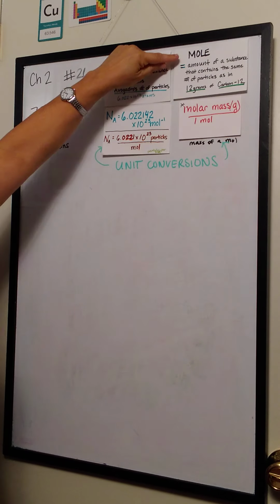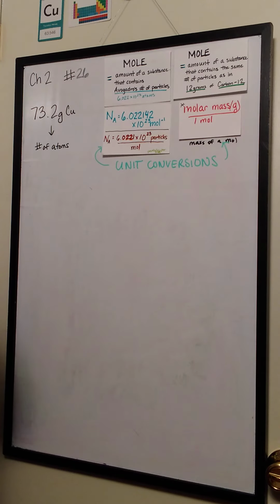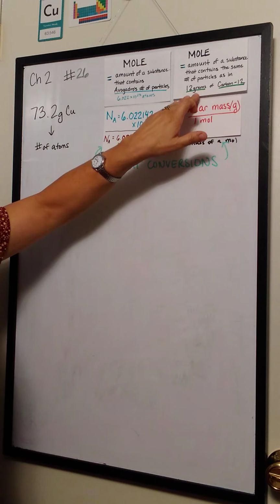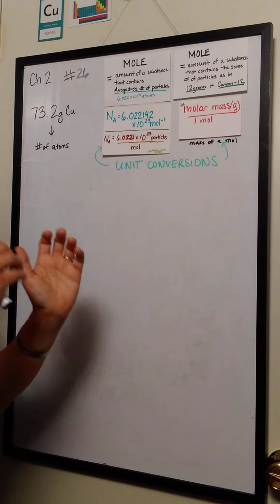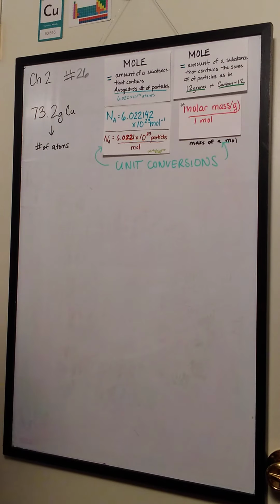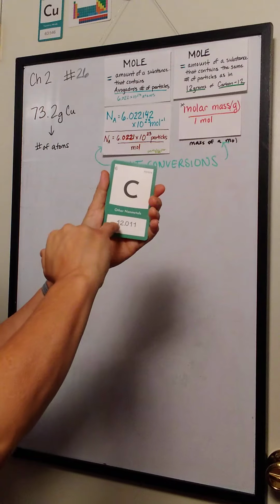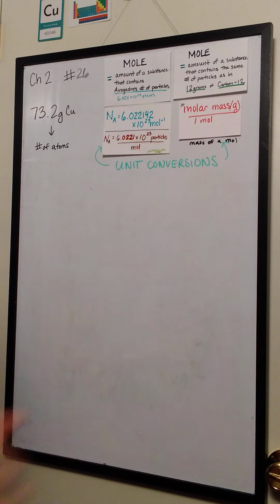And then the second definition of a mole says the amount of a substance that contains the same number of particles as in 12 grams of carbon 12. And you should recognize this 12 grams of carbon 12 as the atomic mass of carbon. Carbon has a 12.011 atomic mass.